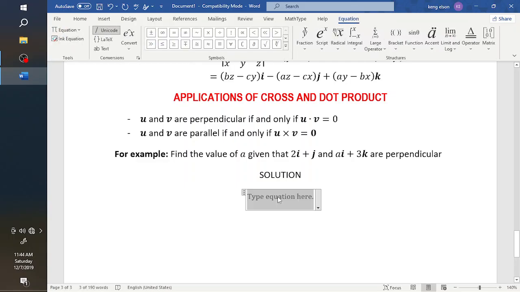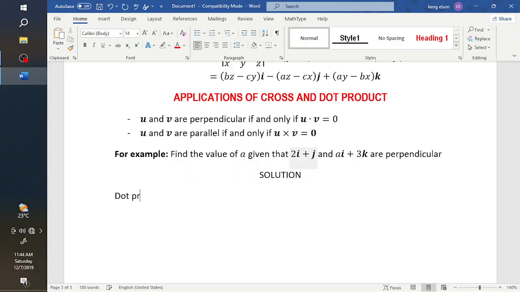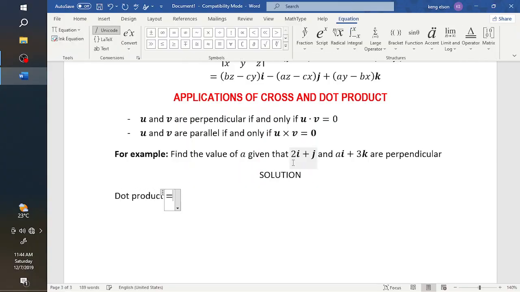So the dot product of the two vectors is equal to, let's write them in the column form. So I have 2, 1 and 0, dot, what do I have? I have A, 0 and 3. Is it okay? Which is just equal to 2a.